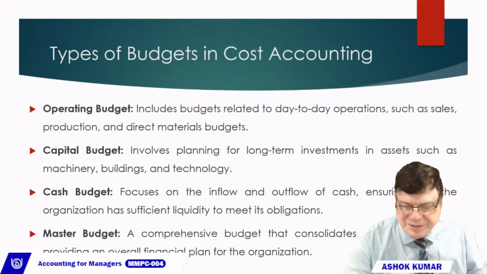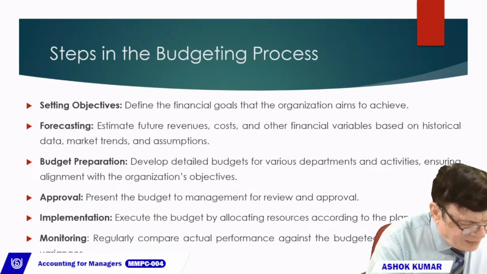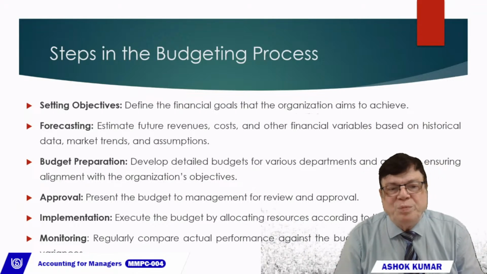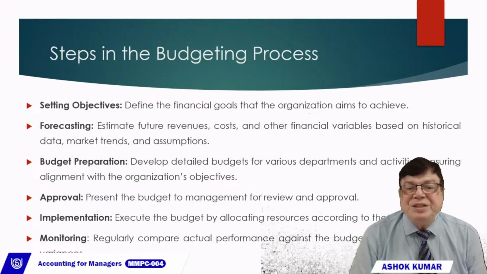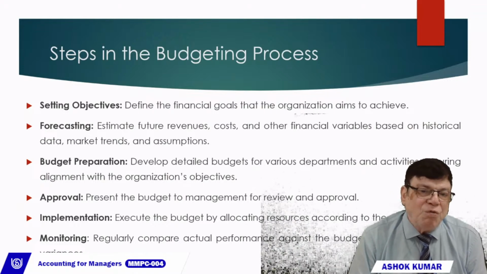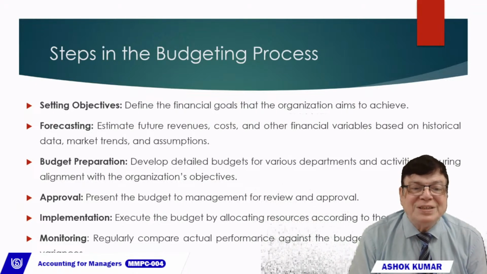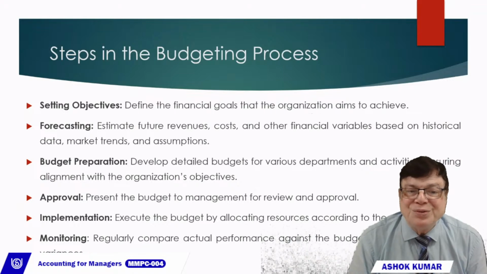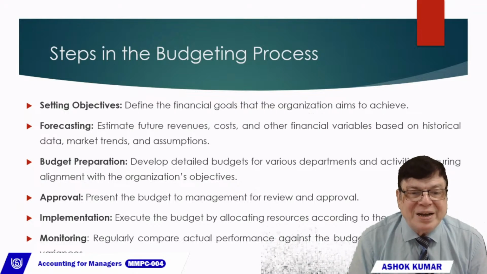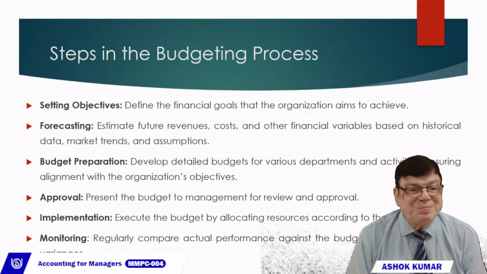Now we come to the next topic, steps in the budgeting process. Setting objectives: define the financial goals that the organization aims to achieve. Then forecasting: estimate future revenues, costs, and other financial variables based on historical data, market trends, and assumptions, such as estimating future sales.